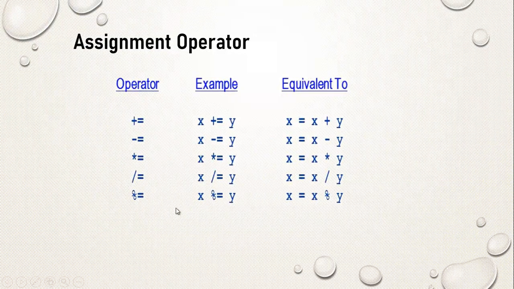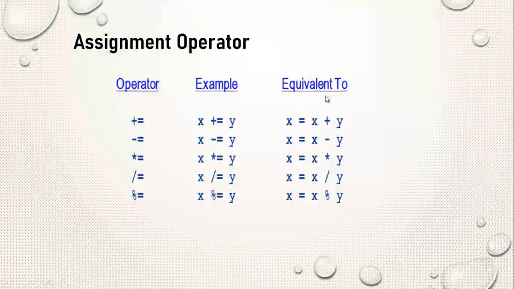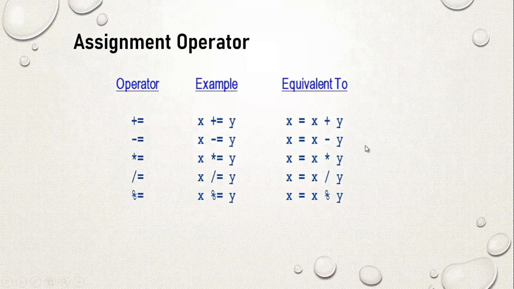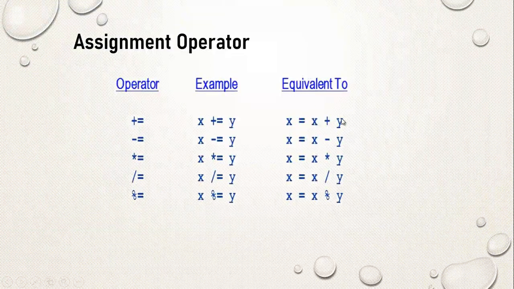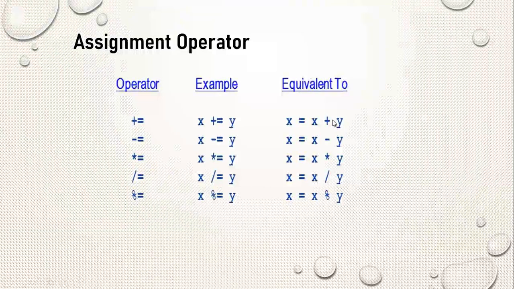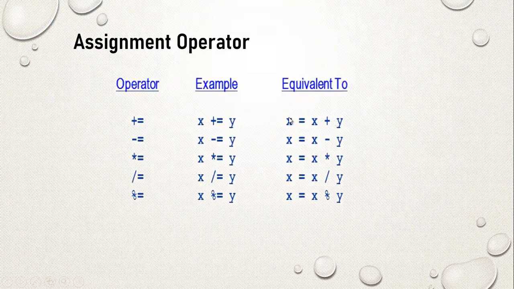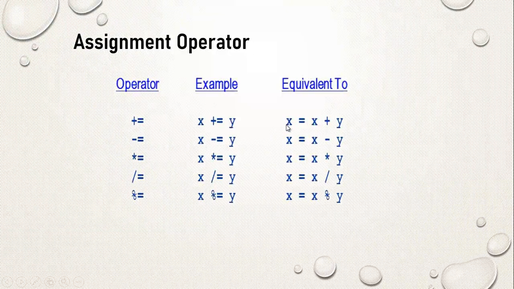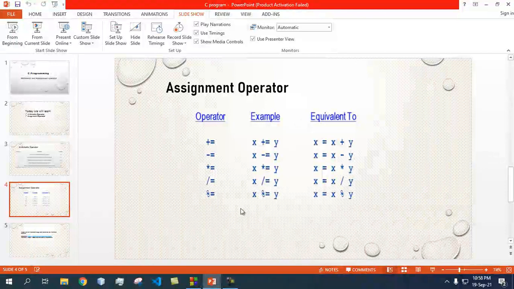And here is the example of the code and the equivalent format. If I initialize x with a number and take y, then it will add y to x. We won't need to change the number that is initialized in x. If I go to the code, it will be much easier for you to understand.